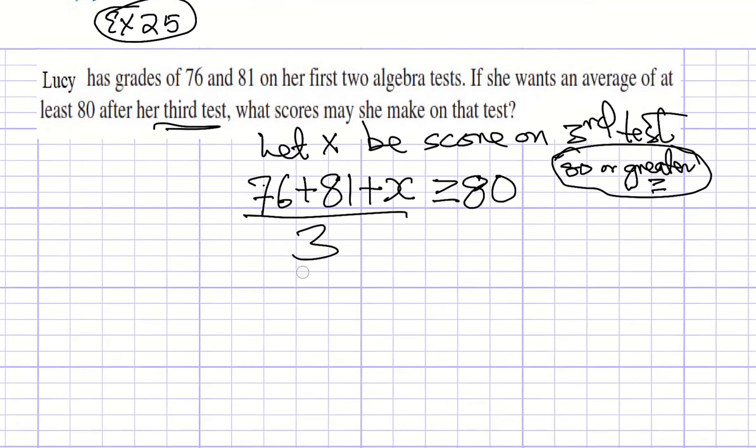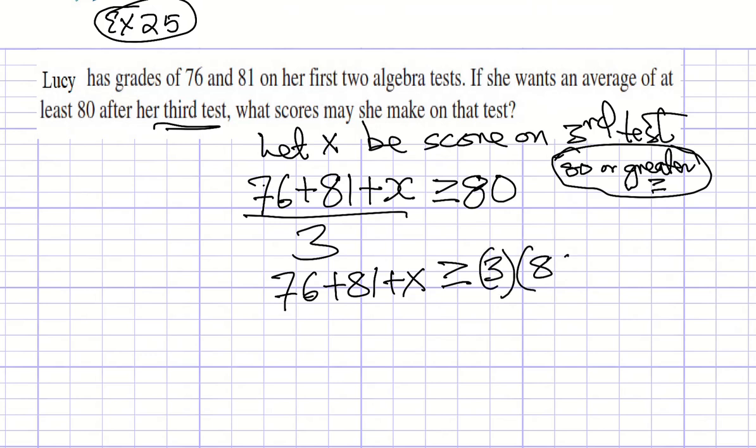And then we'll get 76 plus 81 plus x greater than or equal to 3 times 80. See that, right?